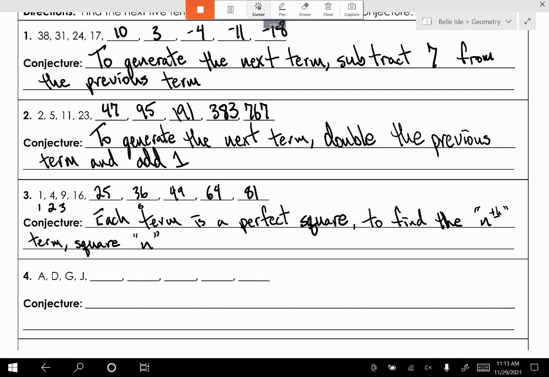You're skipping 2 letters to land on the third letter.